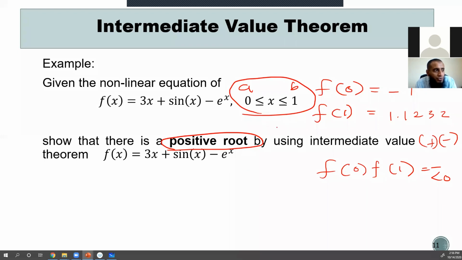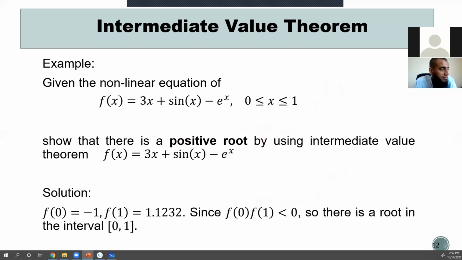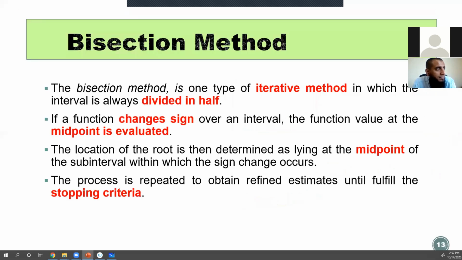So for sure the value maybe will be 0.5, and 0.5 is a positive. So that's why it's a positive root. So if the interval is -1 until 0, so this is negative root. So there's a root.